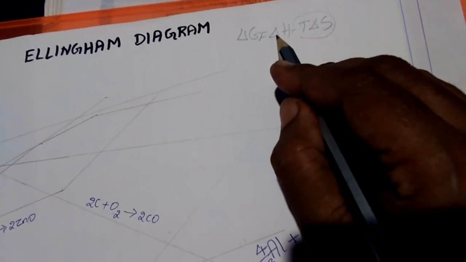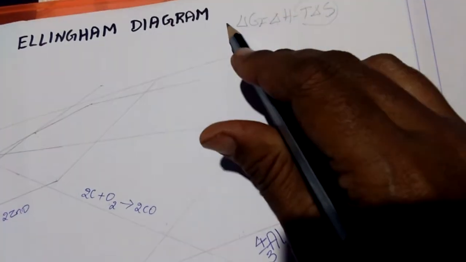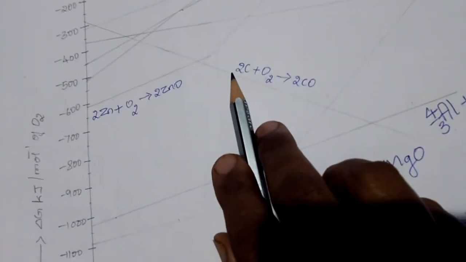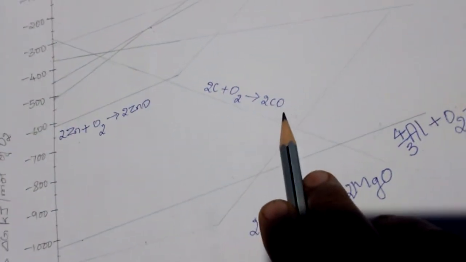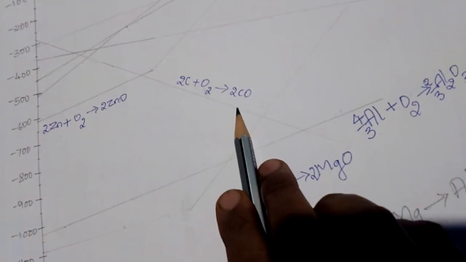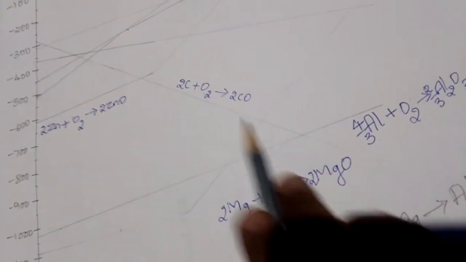This is usually an exothermic reaction, all the reduction reactions. So as carbon reacts with oxygen to form carbon monoxide and the temperature increases, delta G values go on increasing. So the negative delta G values go on increasing.